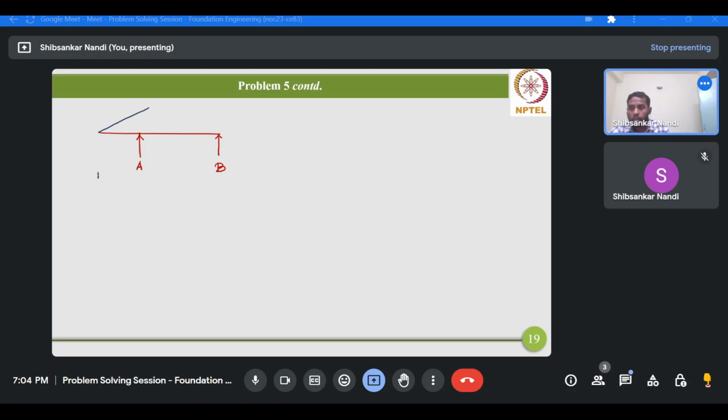Okay, so this is your 1 meter, and this distance is your 2 meters.